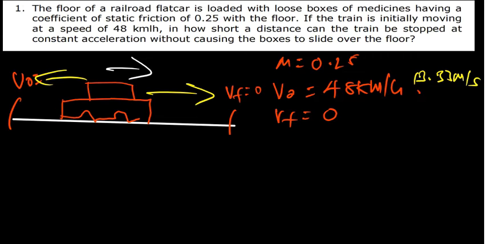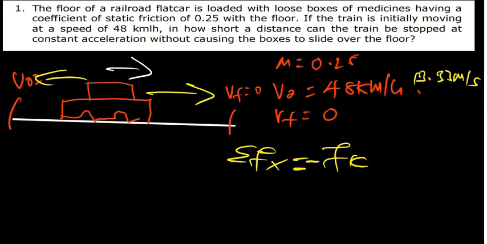So what are we going to do from there? We're going to say the summation of all the forces in x direction. We have got the friction force only, but this friction force is supposed to carry a negative sign because it is opposing the motion, and remember it is decelerating, so the acceleration is going to be negative.